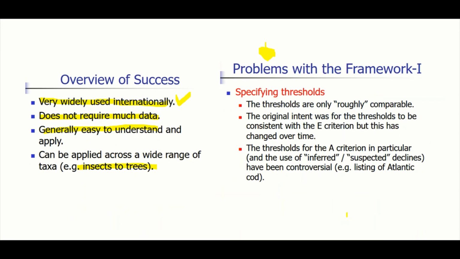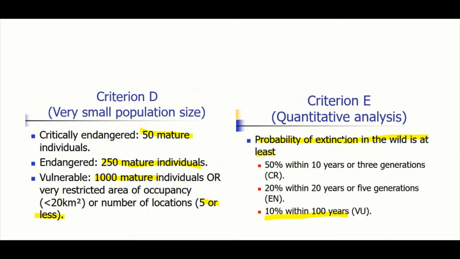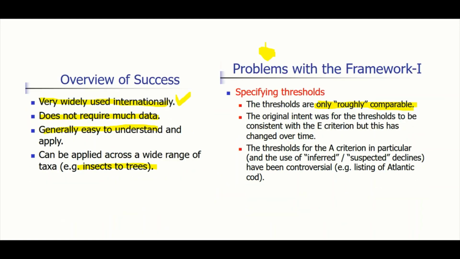We do it roughly comparable, and that is why it can be a challenge or a problem, because it is a rough estimate. And then the original intent was for the thresholds to be consistent with the E criterion, but it has changed over time. It is no longer consistent with this quantitative one, so several things have changed with time. So we probably need to review this framework.